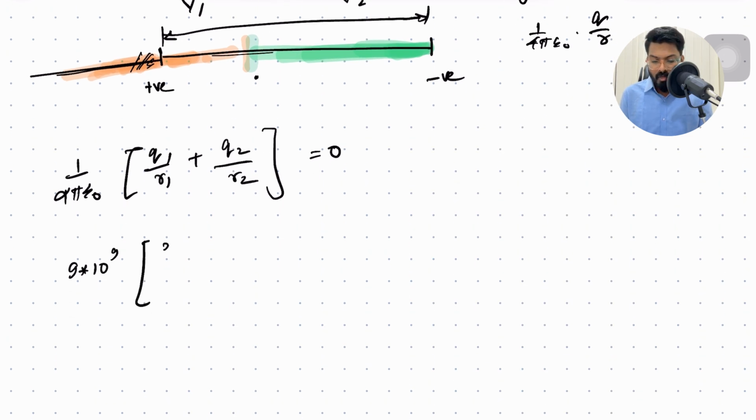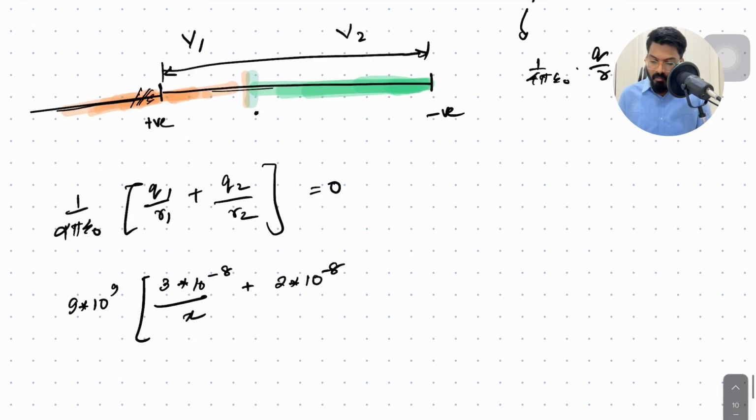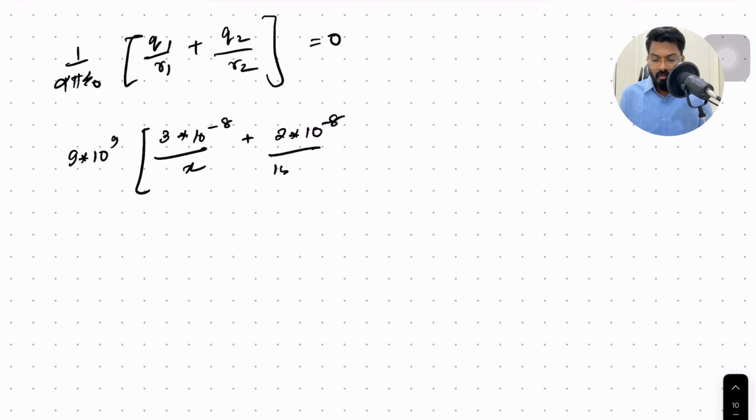Q1 is a positive charge, 3 into 10 to the power minus 8, and the distance is x. Q2 is a negative charge, 2 into 10 to the power minus 8, and the distance is 15 minus x. Instead of 15, I'll take 0.15 minus x. Now this should be equal to 0.